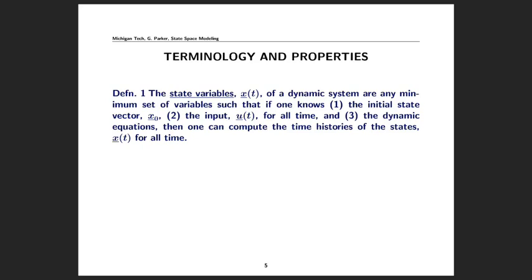Okay, so the state variables, we'll call those x. I'll use the underline for a vector. We can think of it as a minimum set of variables. You can actually have more than the minimum set, but clearly a minimum set would be better than a non-minimum set. It's a set of variables such that if you know the initial state vector, x0, and you know the input u, and of course you know the dynamic equations, then you can compute the time histories of those states for all time.